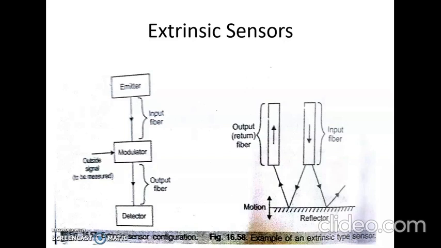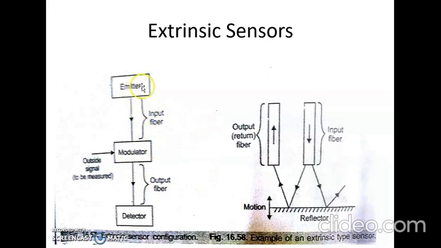These extrinsic sensors are used to measure motion or displacement of an object in terms of change in the intensity of light. Here, the modulation of intensity of light takes place outside the optical fiber.